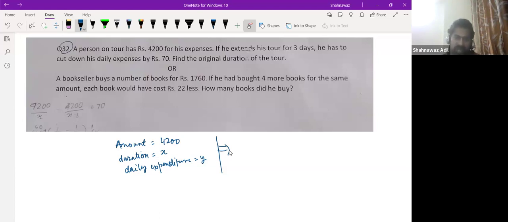So looking at these three pieces of information, x times y is 4200. Yeah, so this is the first information, right?